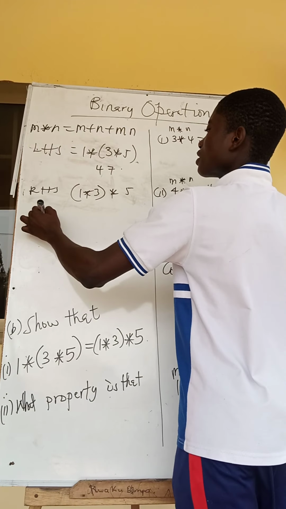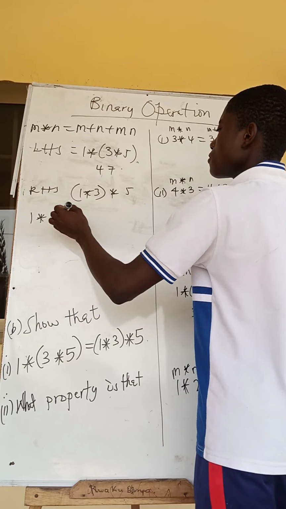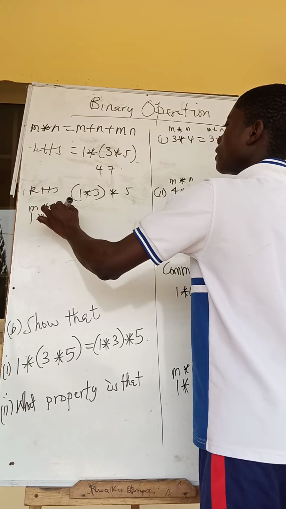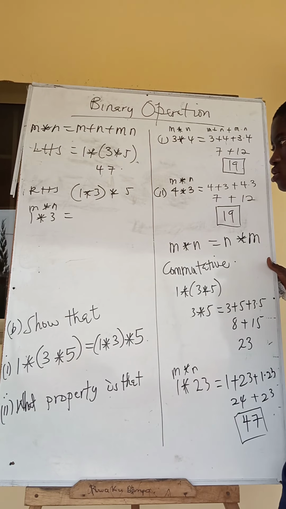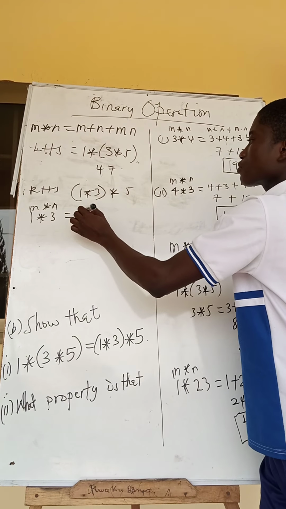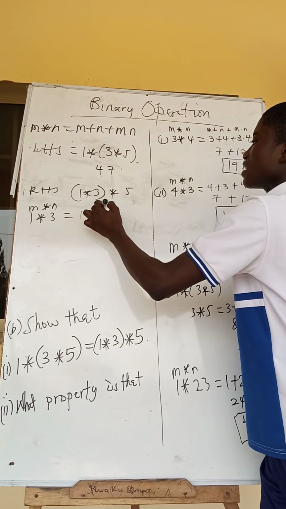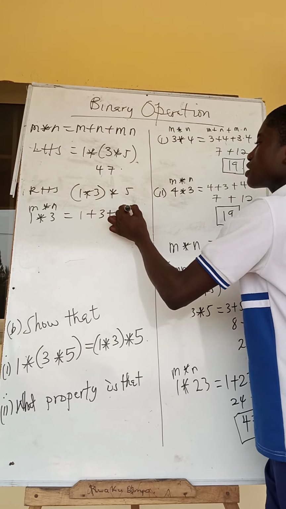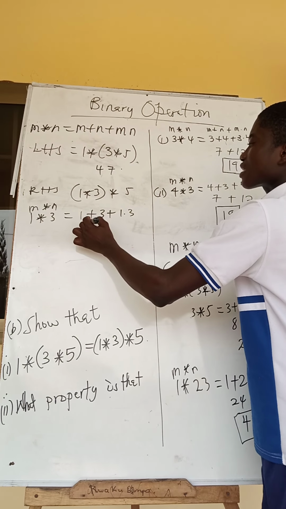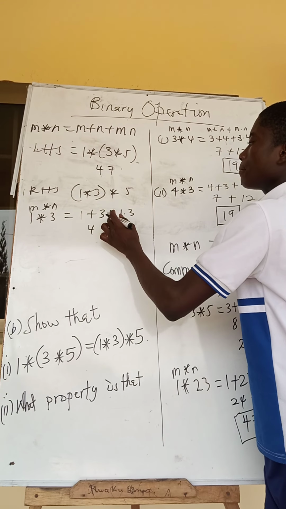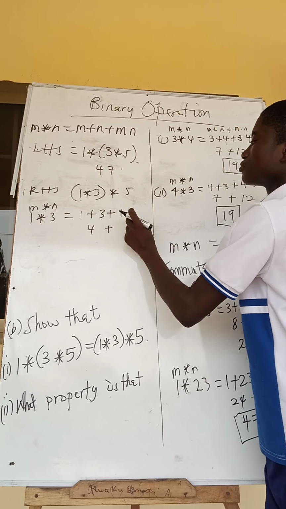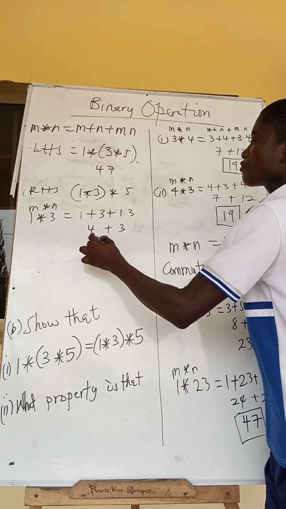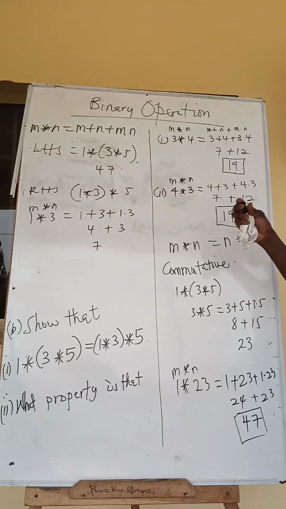So let's try 1 star 3, and it's going to be m star n as it is here. So m is 1 plus n is 3 plus mn, which is 1 times 3. 1 plus 3 is 4 plus 1 times 3 is 3. 4 plus 3 is 7.